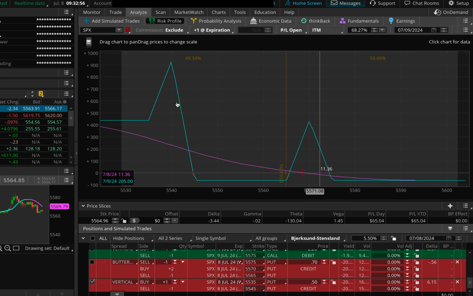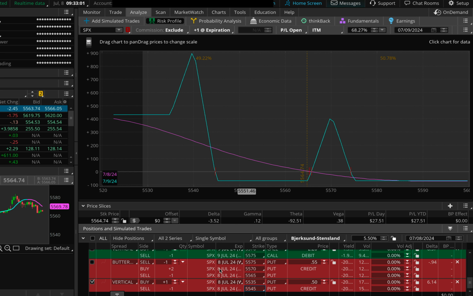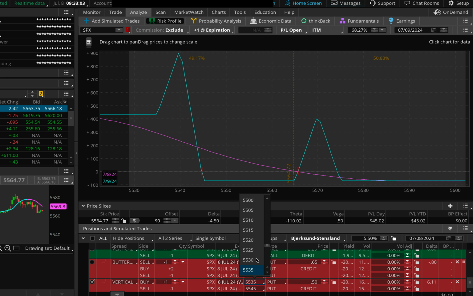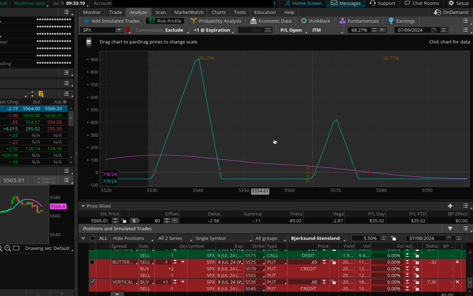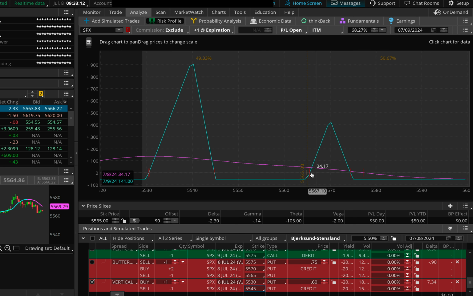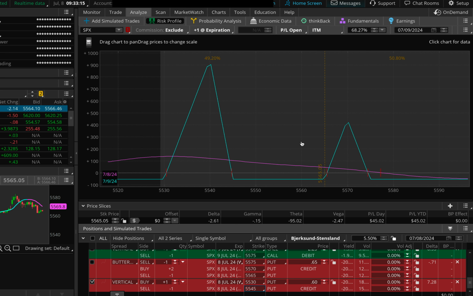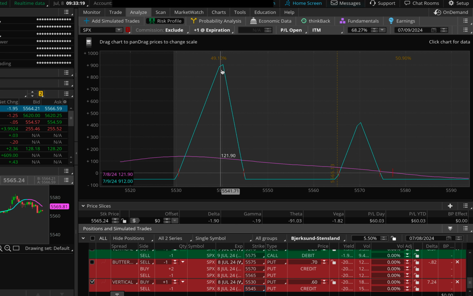We have this butterfly in this. Let me pull this down a little bit. Or I could roll it down to 5530, like so. We wind up with a position like this, where I have this big butterfly here. I can make up to 900 at that peak.